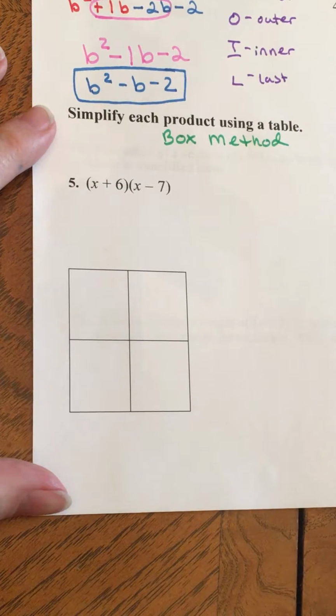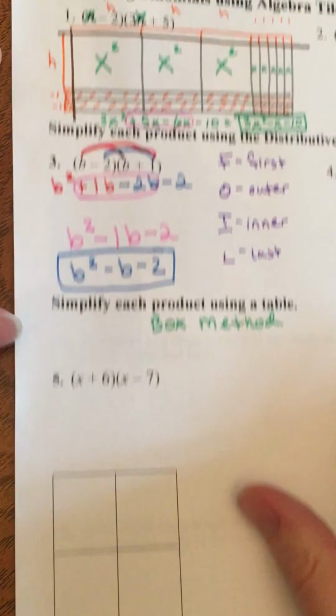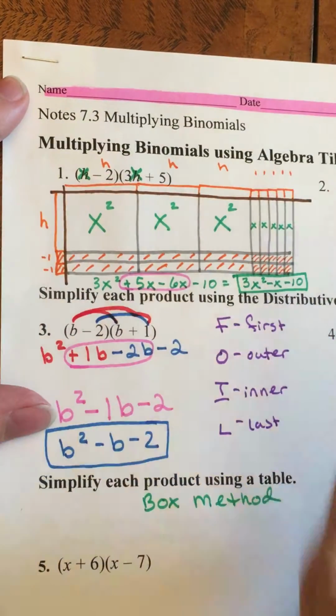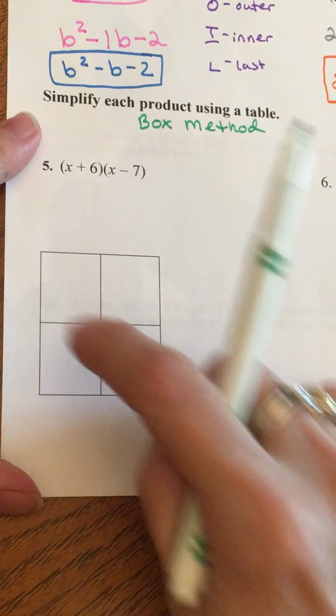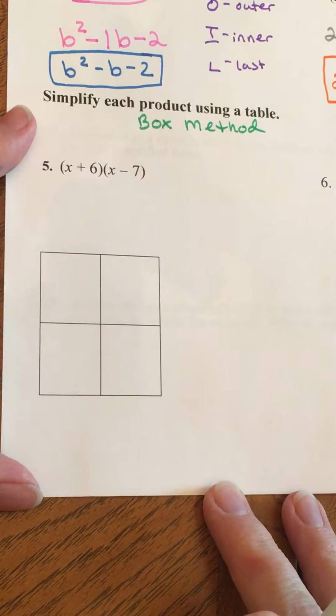Tiles can take a while, but this works very nicely. Again, the tiles, we put information on the left and across the top. So on the box, we will also put information on the left and across the top.